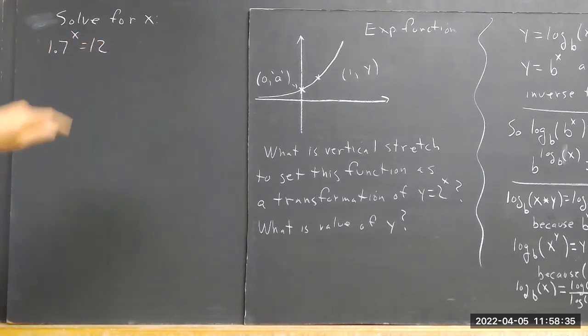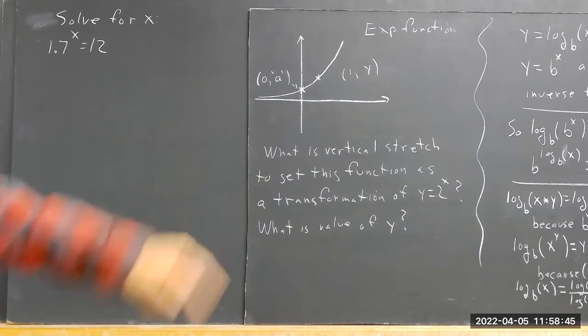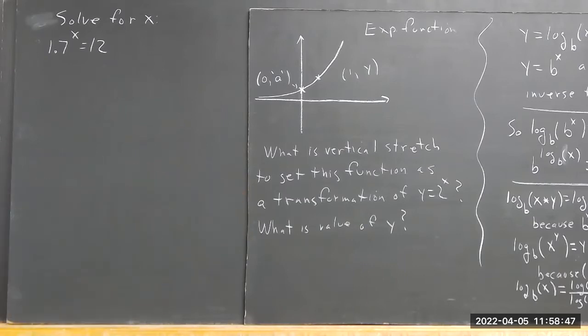If we want to solve this equation for x, 1.7 to the x equals 12. Now, it turns out that using these rules of logs, that's a really easy equation to solve. So let's see how that works.